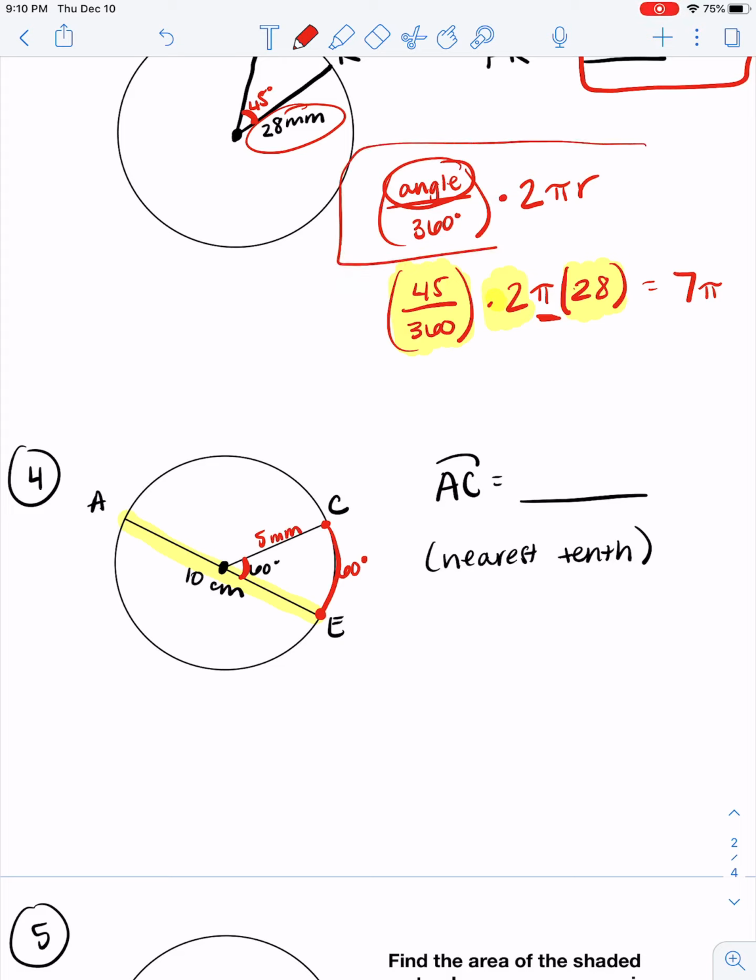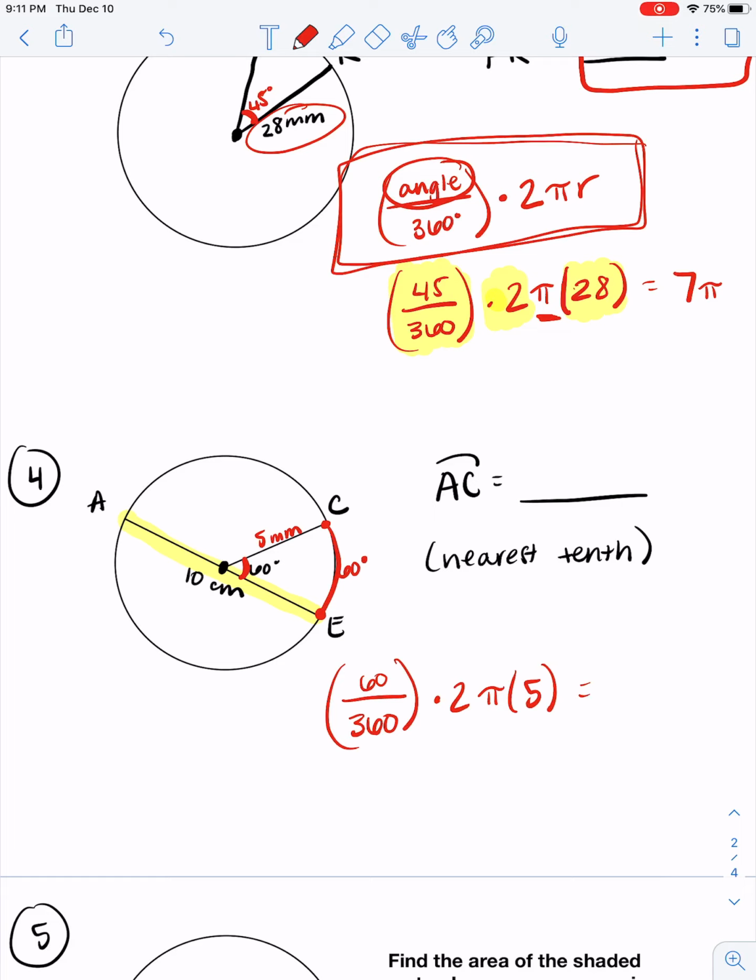We're going to go back and use this formula that we used in the last problem. So the radius is 5 centimeters, okay? So you do your angle out of 360. So we do 60 out of 360 times 2 pi, and then I fill in my radius we just got, which was 5. Now this one says round to the nearest tenth. So this time I'm just going to multiply it exactly like that, including the pi.